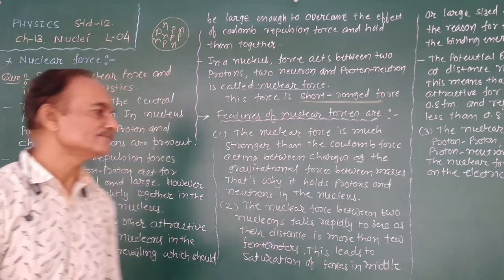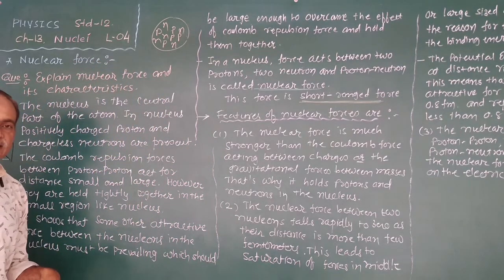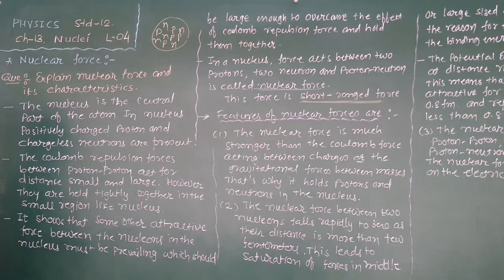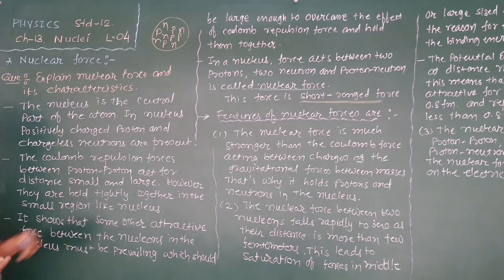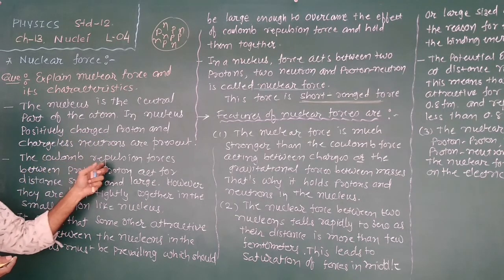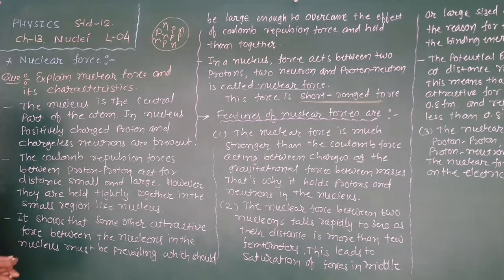Again, the nucleus is the central part of the atom in which the positively charged proton and chargeless neutron are present. The Coulomb repulsion force between the protons acts for all distances, small and large. However, they are held tightly together in a small region like the nucleus.